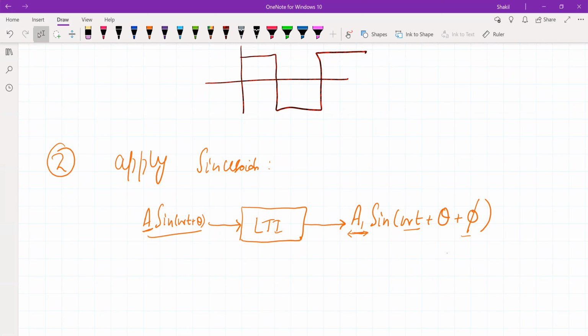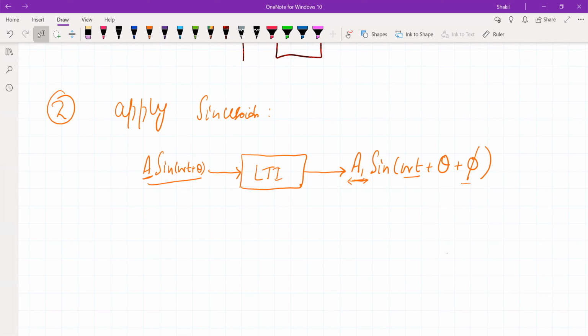If A1 is non-zero, that means this sinusoid is passed by this system. In other words, this frequency omega is passed by this LTI system, and that is determined by A1. So that's the second important reason.